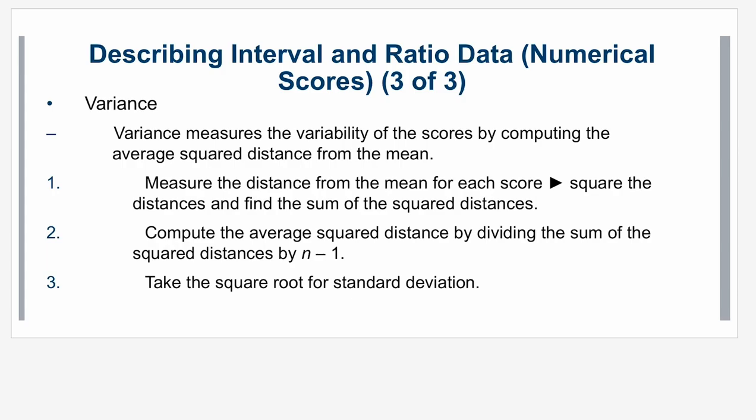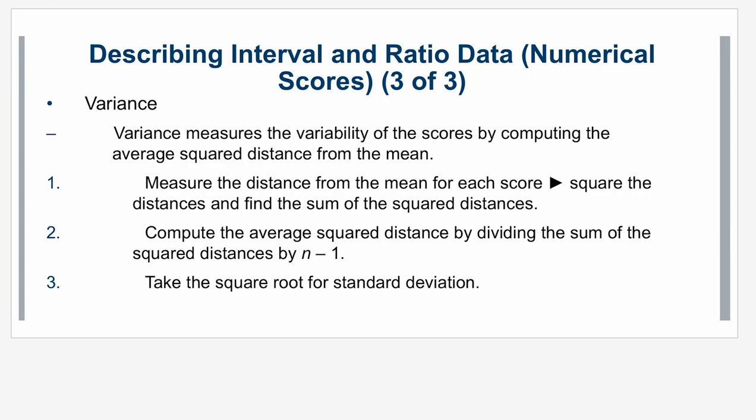So to find variance and standard deviation, you have to make a column of all your scores. Then, in the column next to it, you find the distance from the mean for each score, which is often called deviations. Distances, deviations, it's the same thing. So let's say your mean is 10, and your score is 12.